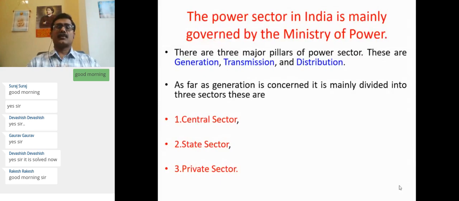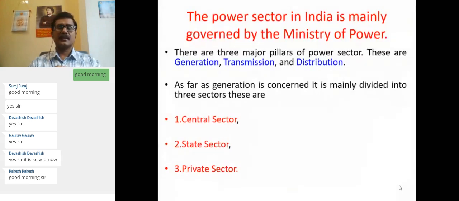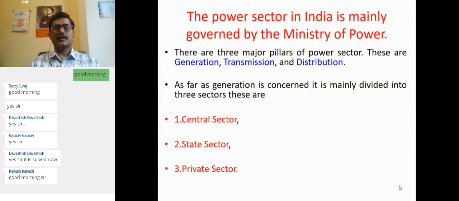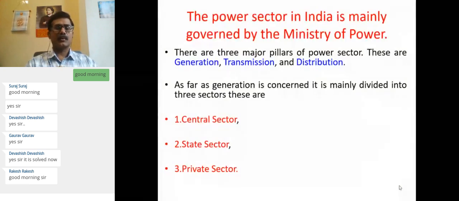And for generation, transmission, and distribution, the sectors can be divided into the central sector, which is normally handled by the Ministry of Power of the central government of India. Then the state sector, which is normally handled by the State Electricity Board.